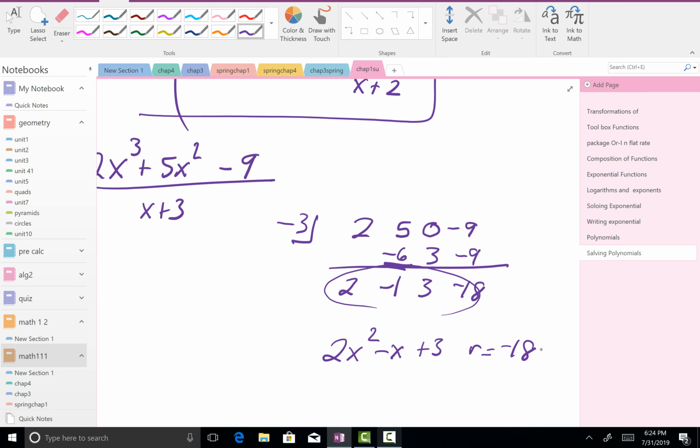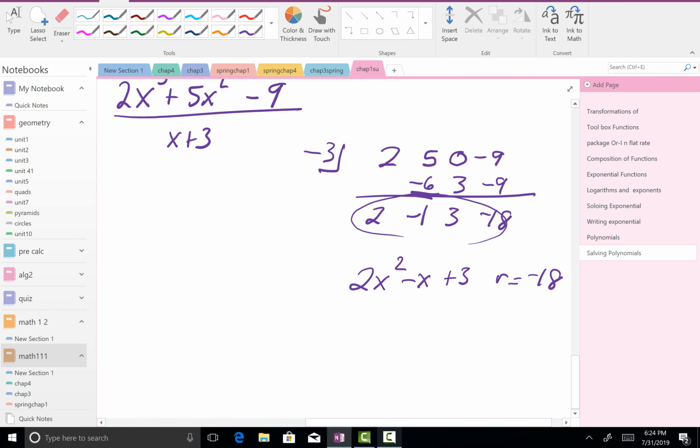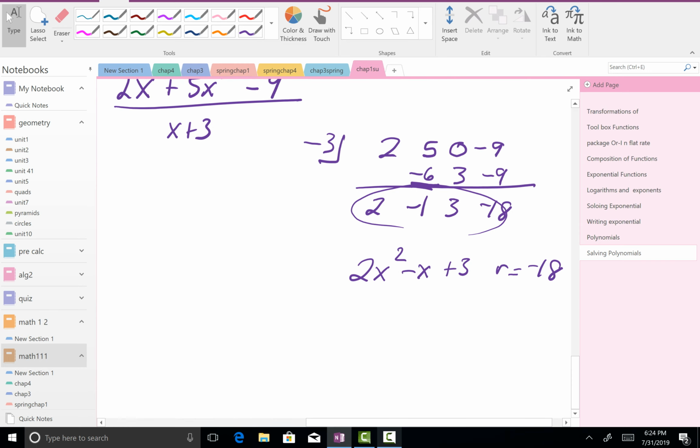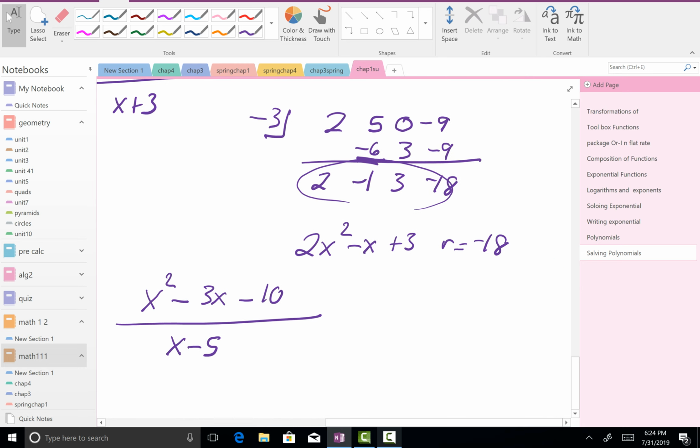Now, every single one that we've done so far has had a remainder. Okay, so I'll change this to a minus. All right, so now I'm going to try this one.